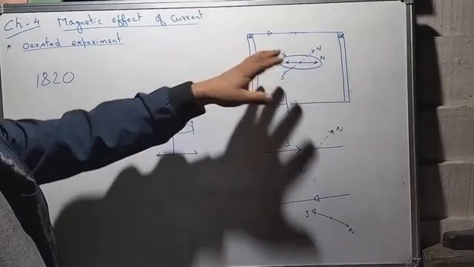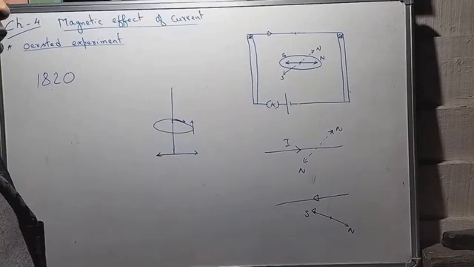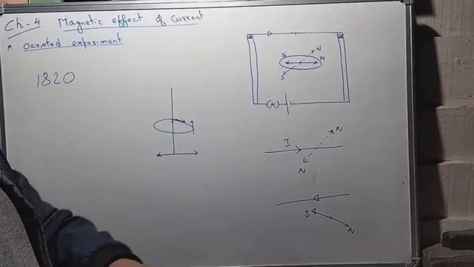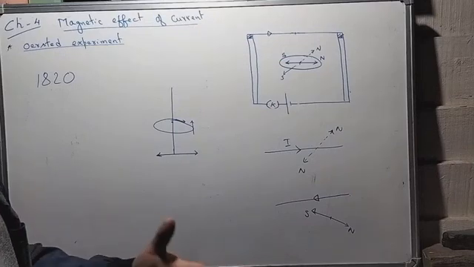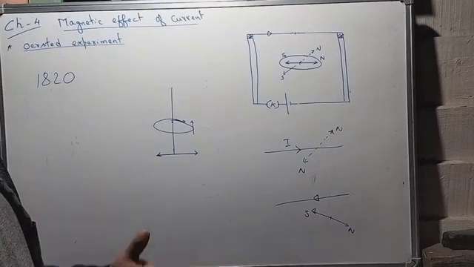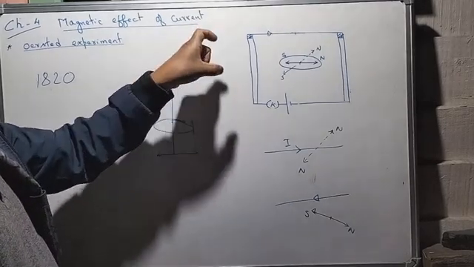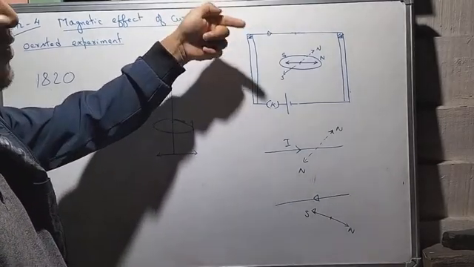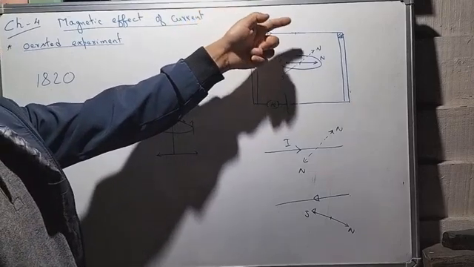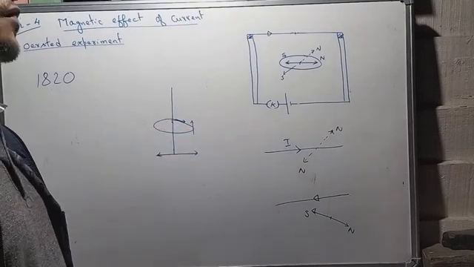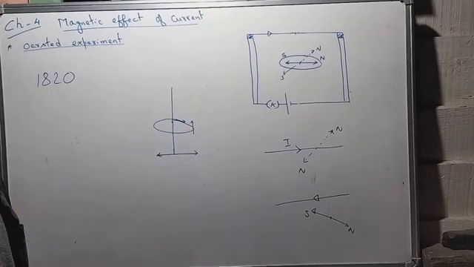But in this case, we are not using any magnet at all. It is just the current which is passing through the conductor that deflects the needle. So hence, Oersted concluded that this deflection of the needle is due to the magnetic field which is produced around the conductor. So that magnetic field is able to deflect the magnetic needle.